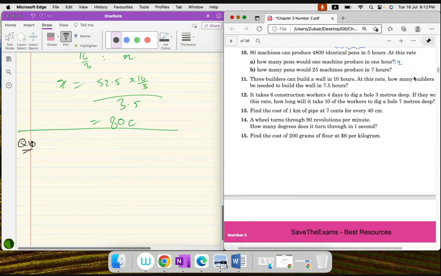Sir, how many pens for 25 machines? 75, 80.